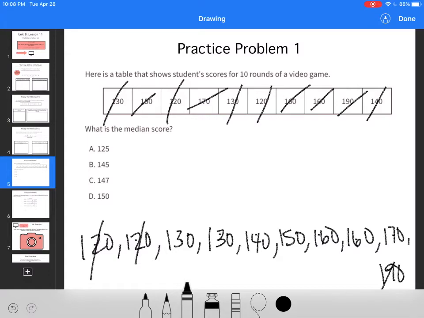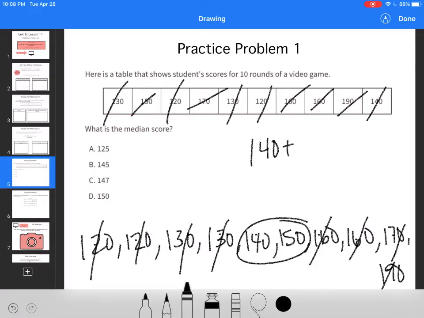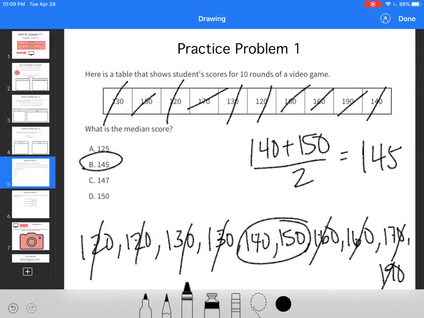Then you cross one off on each end because you're trying to find the center. So I have 2 numbers in the middle, so I have to add them together. And I'm going to divide them by 2. So that would get me 290. So my answer is going to be 145. So when I divide them by 2, 290 divided by 2 is going to be 145.